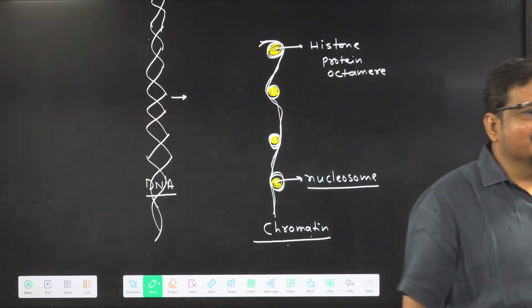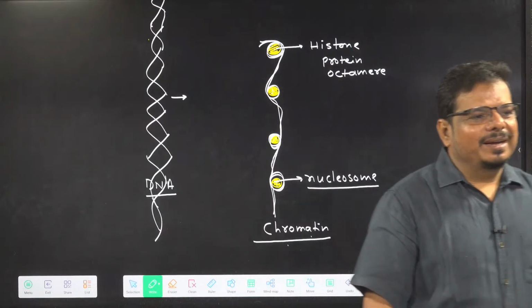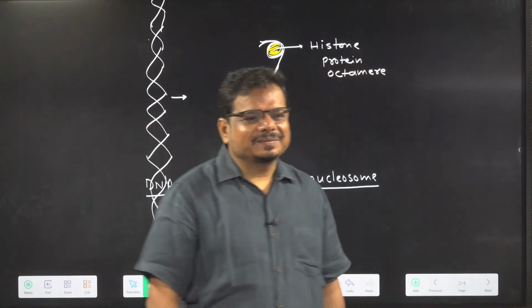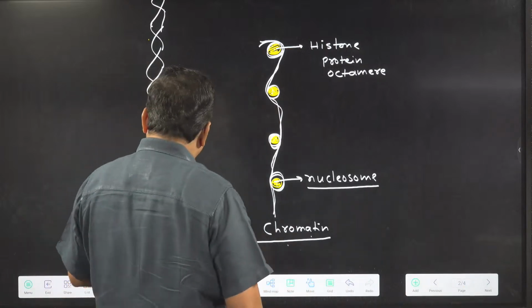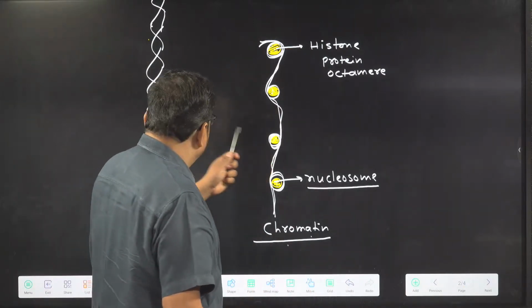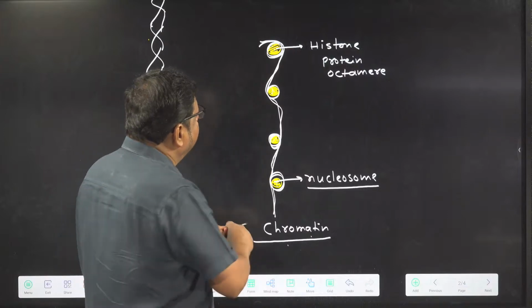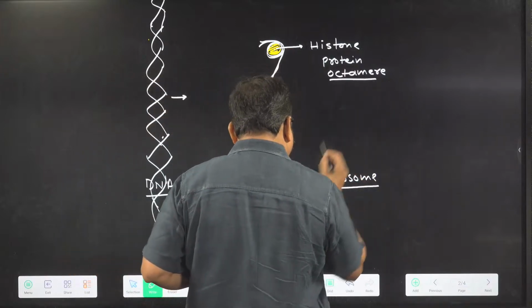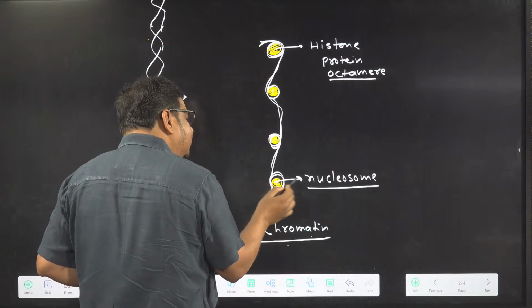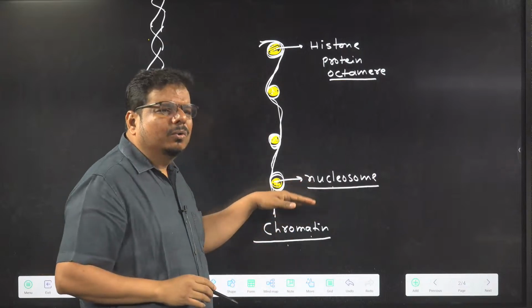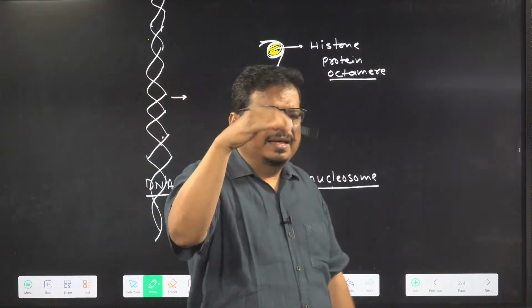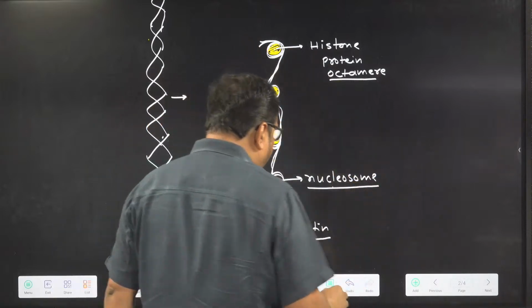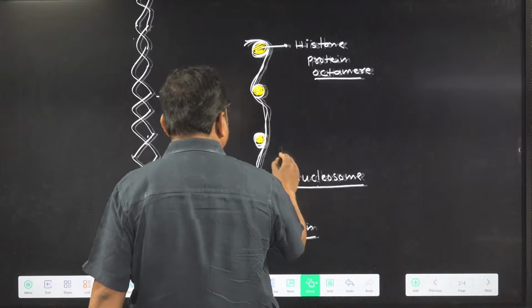Picture came? Is it all right? Can I move ahead? So DNA and chromatin differ from each other, and here it is histone protein octamer. One bead structure is called nucleosome. I am not going to talk right now about the 200 base pairs of DNA wrapped in one nucleosome. I am just focusing on what I want to convey today.